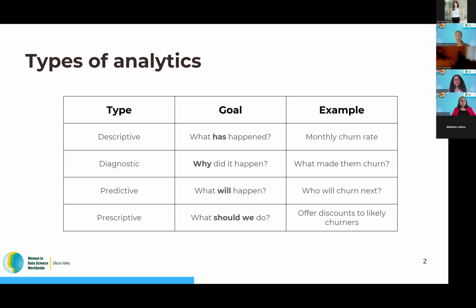And the last part is prescriptive. So now that we have descriptive, diagnostic, and predictive, how do we combine them? So what should we do as a business? An example is offer discounts to likely churners. And you see this a lot in current subscriptions. Let's say you want to unsubscribe from Hulu. Immediately they will ask you, hey, if you stay a little bit more, we'll make this month free for you.